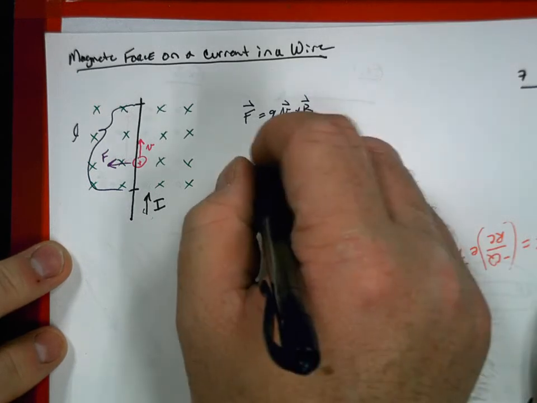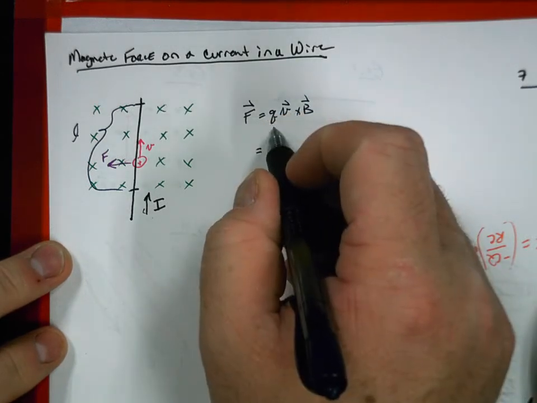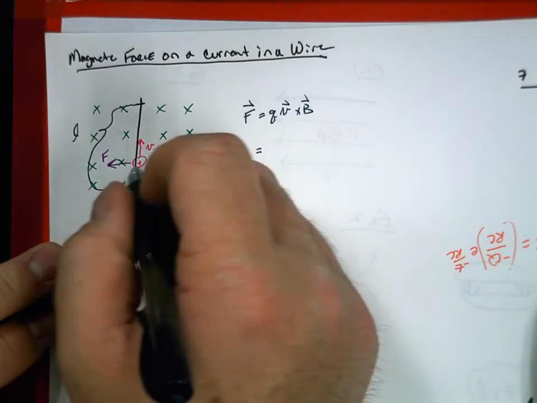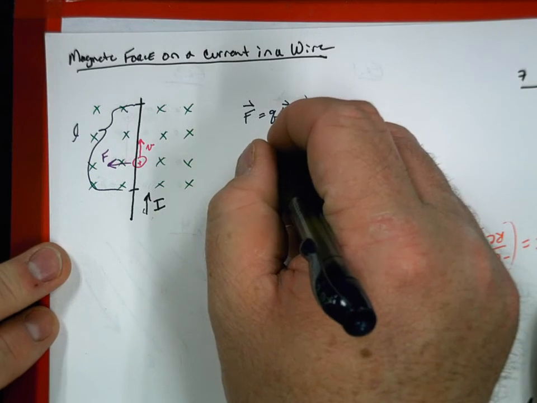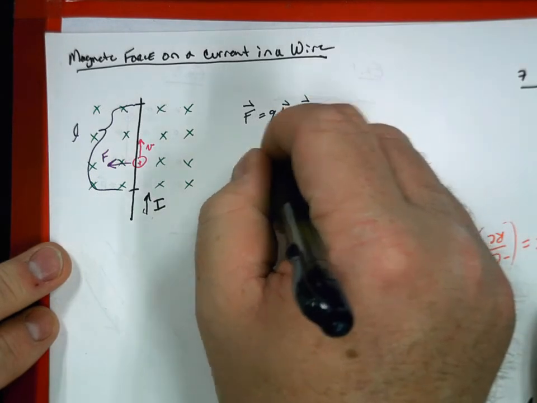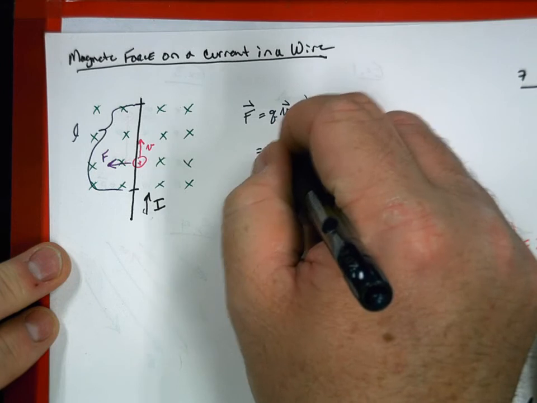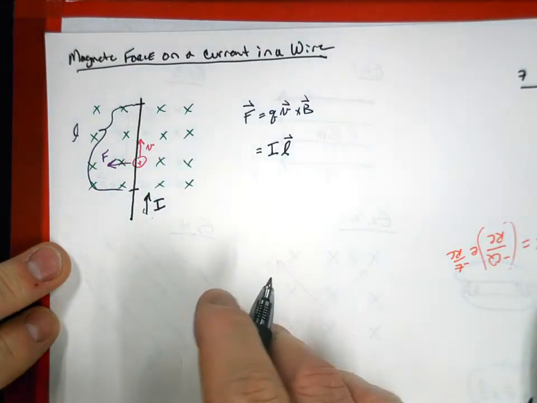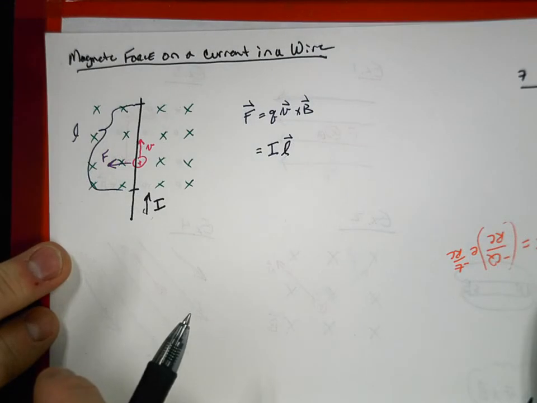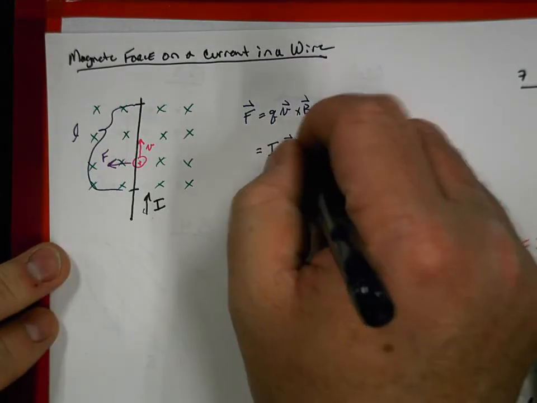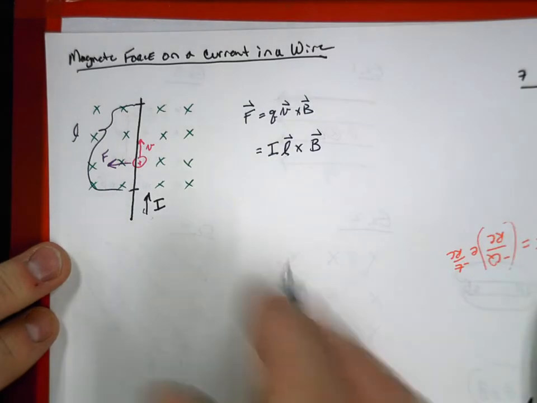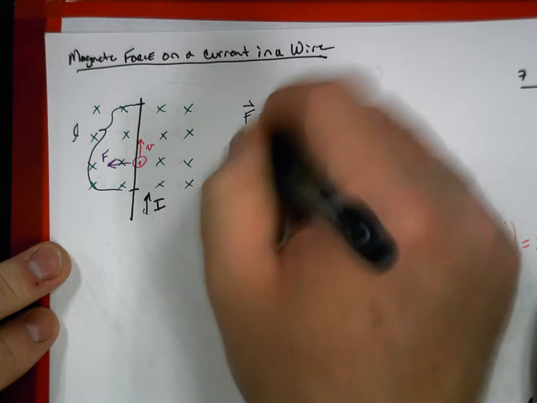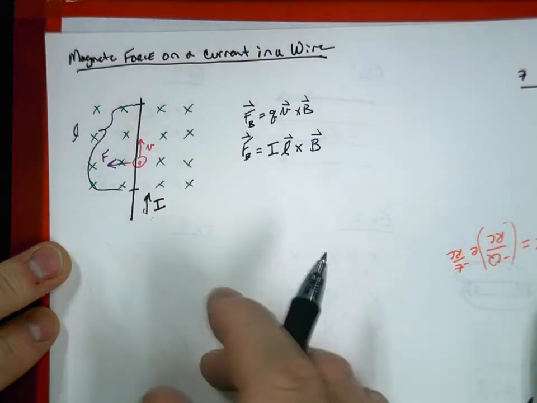We can rewrite this as charge per second times meters. So if we look at any one particular spot, this becomes our current times the displacement that our current is moving, times our magnetic field. And this is the actual force, F sub B, on a current in a wire.